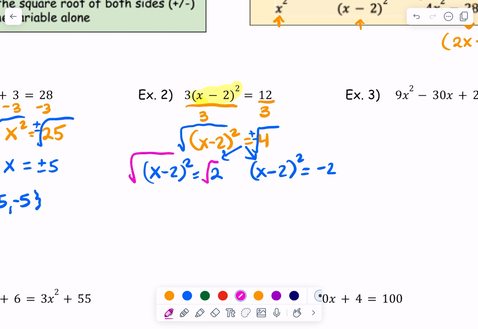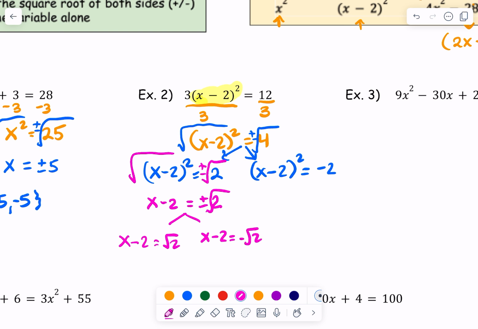So we take the square root plus or minus, and we get x minus 2 is equal to plus or minus the square root of 2. Since we have the square root and a binomial, we're going to have x minus 2 equals a positive radical 2, and then x minus 2 equals a negative radical 2.